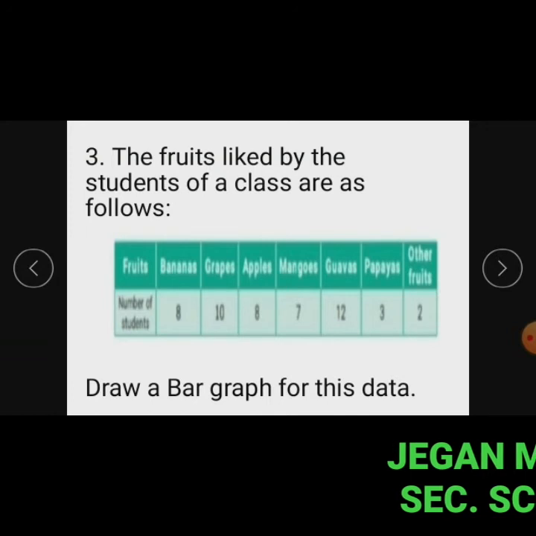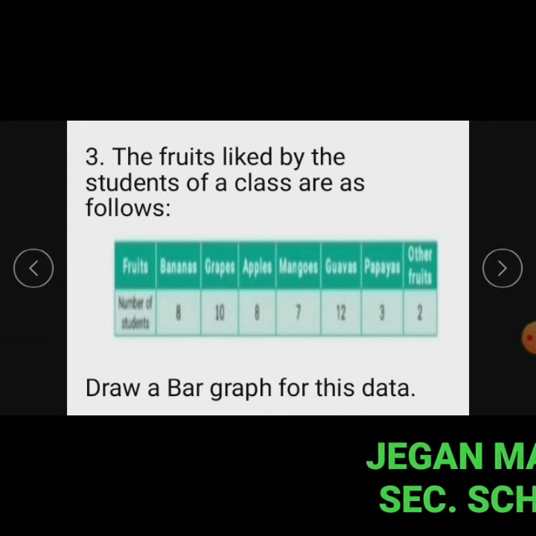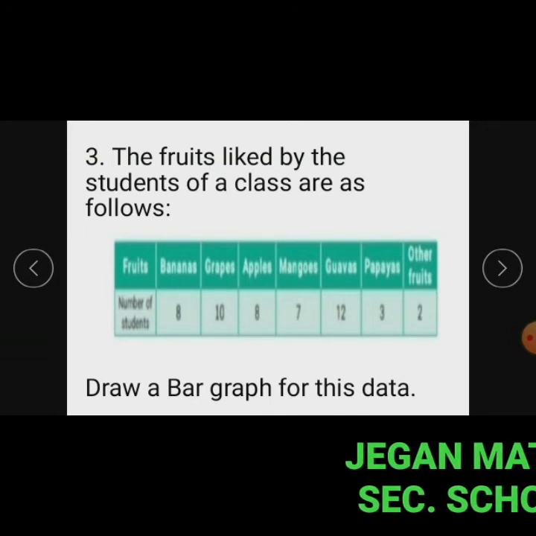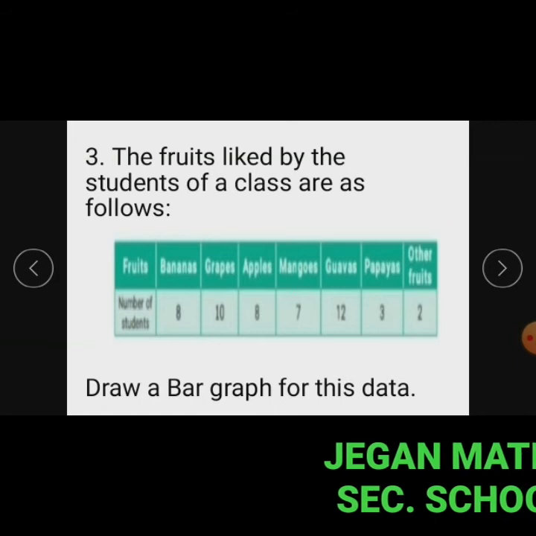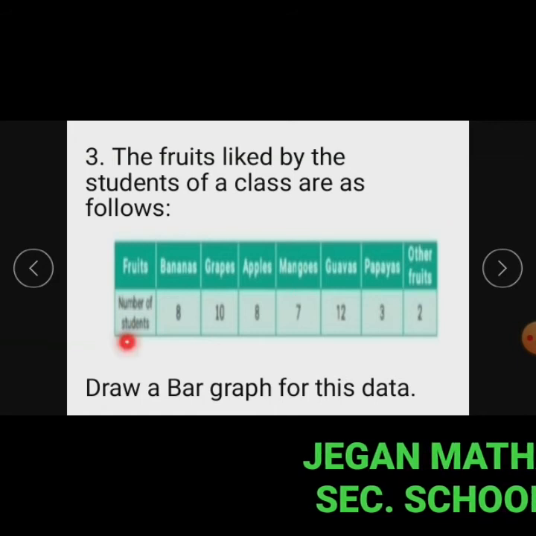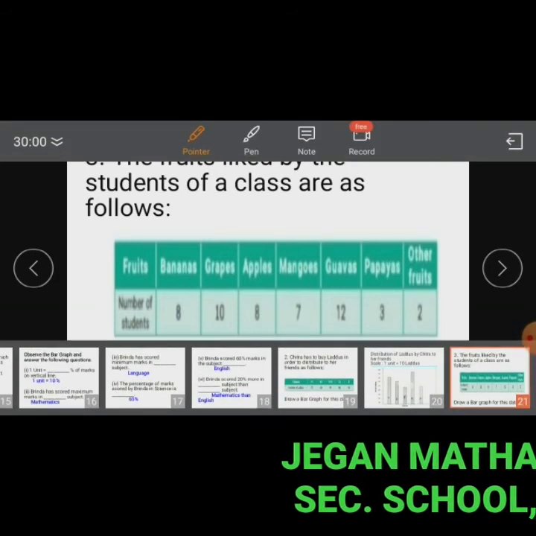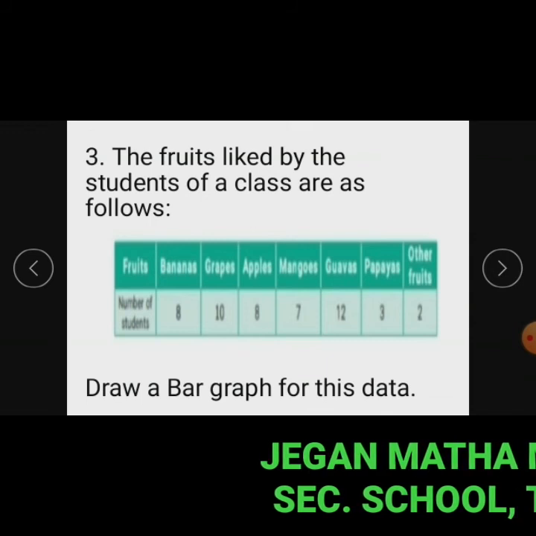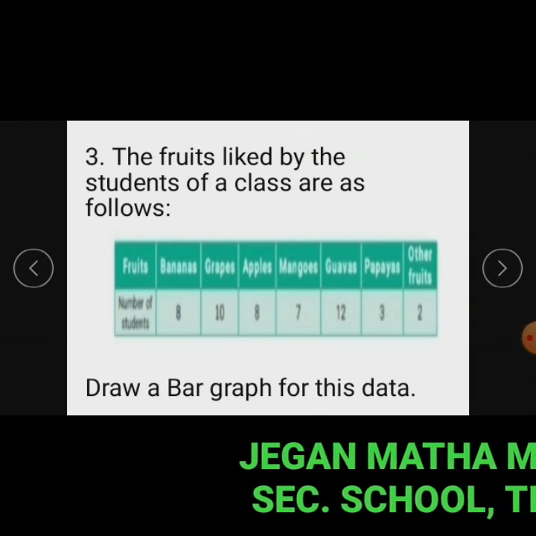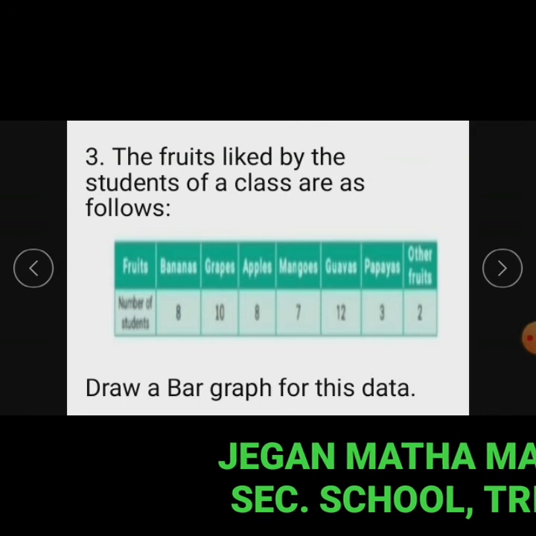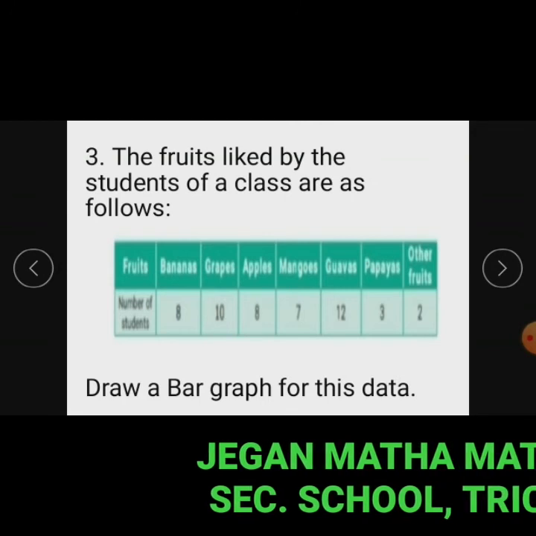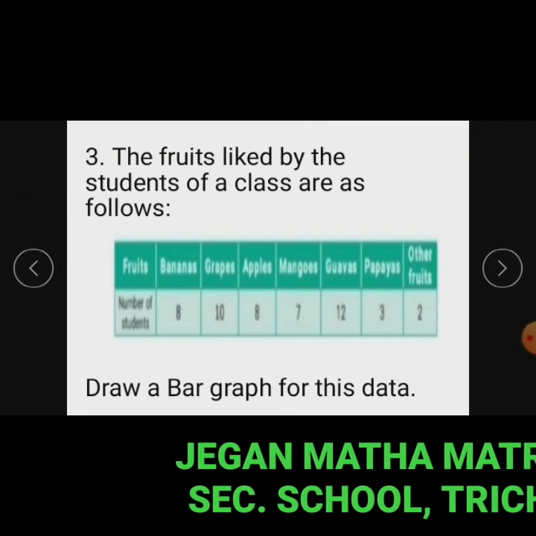Question number 3. The fruits liked by the students of a class are as follows. Fruits and number of students are tabulated here. Using this information, we draw a bar graph.